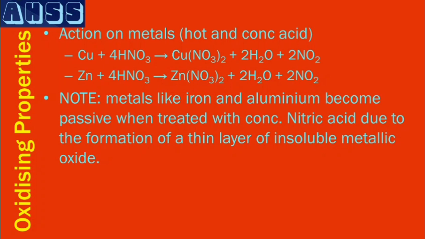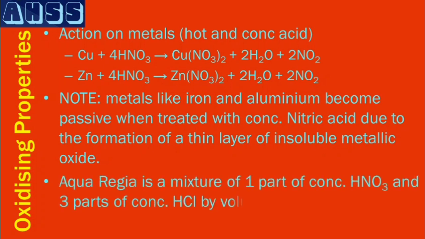Now finally I want to tell you about aqua regia. As all of you know, we have already discussed aqua regia in hydrogen chloride. Aqua regia is a mixture of 1 part of concentrated nitric acid and 3 parts of concentrated hydrochloric acid by volume.